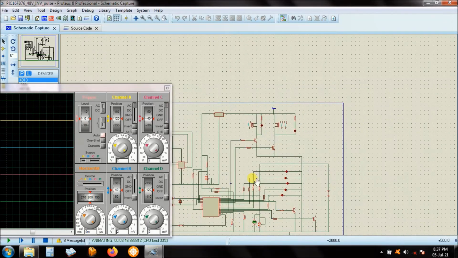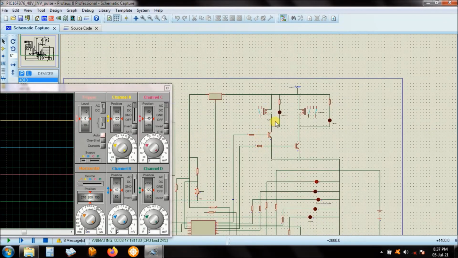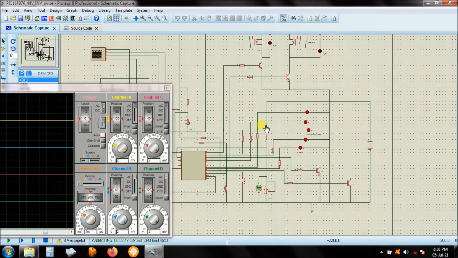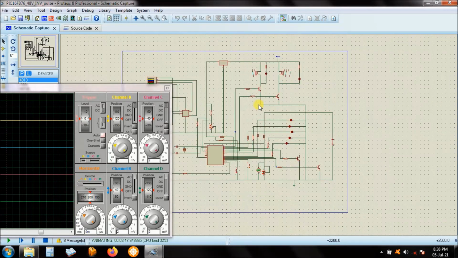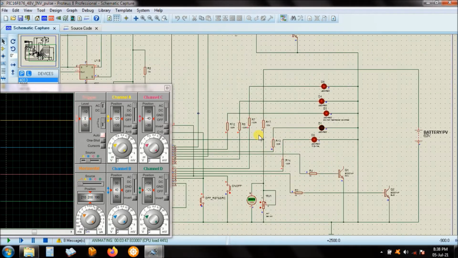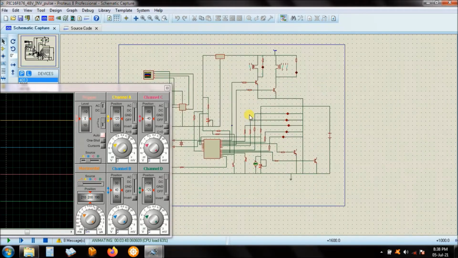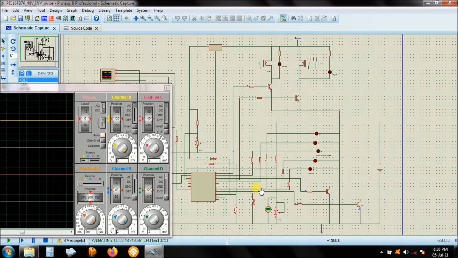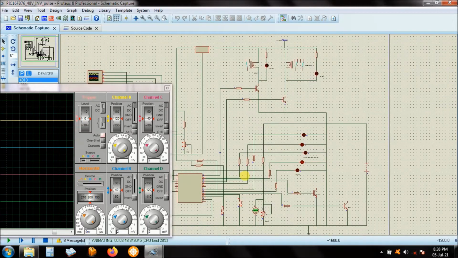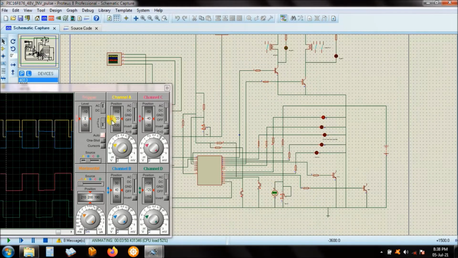It will switch on this one, and then the next, and then it will start running. So, did I switch it on? No. Okay, I must switch it on. It's now running.